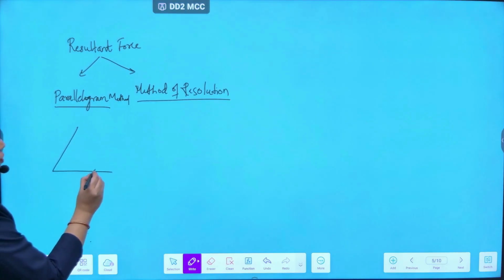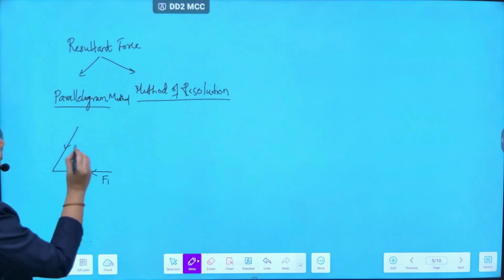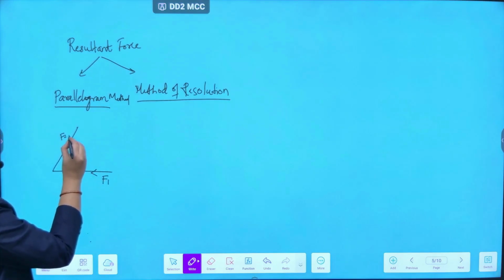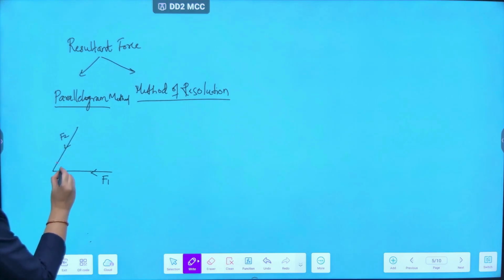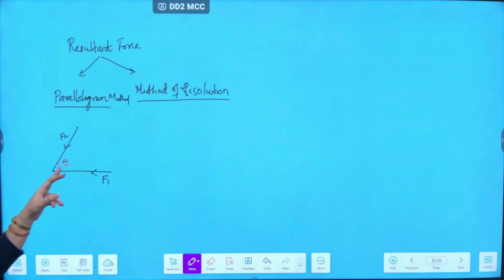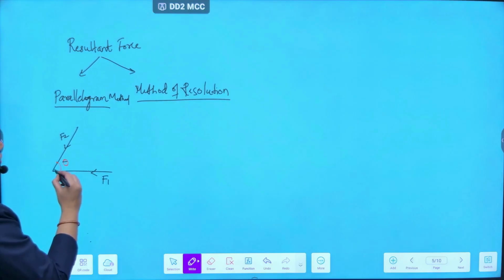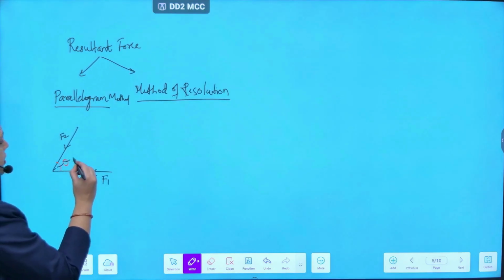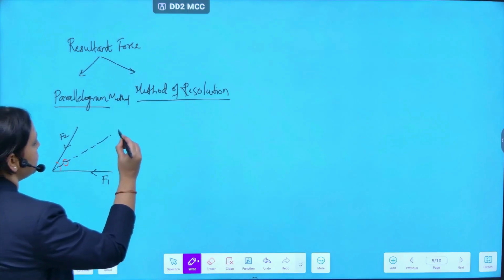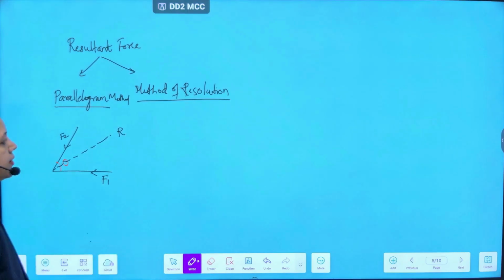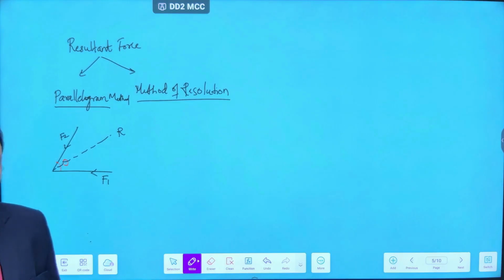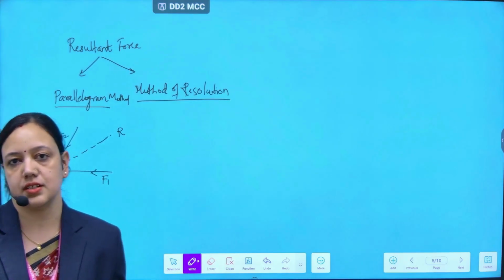Suppose there are two forces, call them F1, F2, at some angle theta, which are acting inwards. Now this is the situation, and we need to find the resultant of such forces. So the resultant will be somewhere here. How do I calculate the resultant in this case?